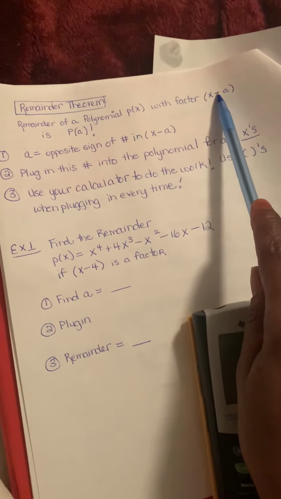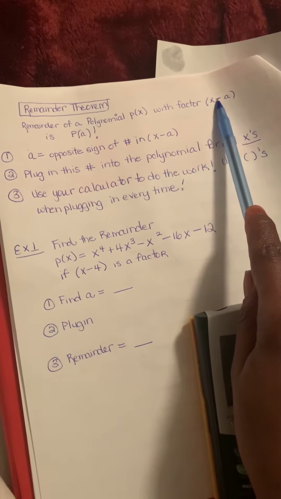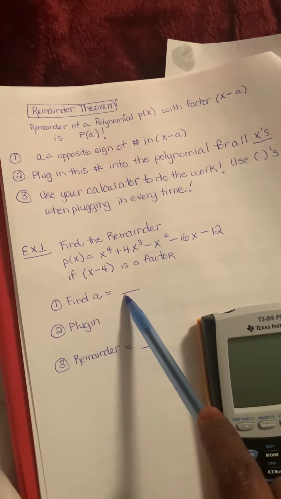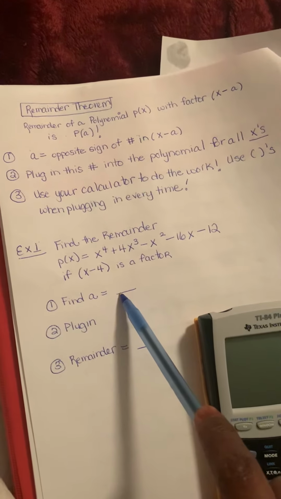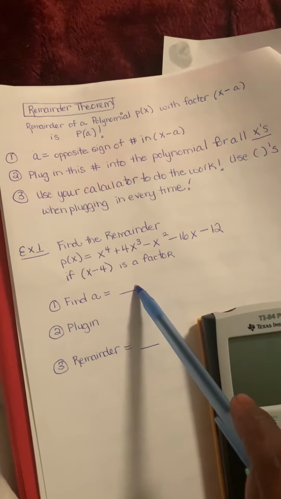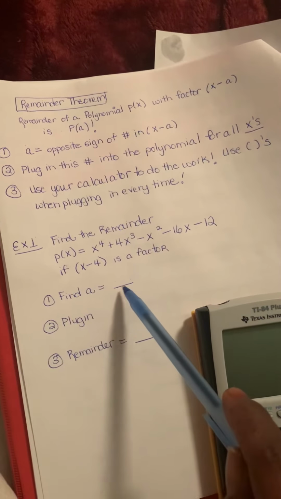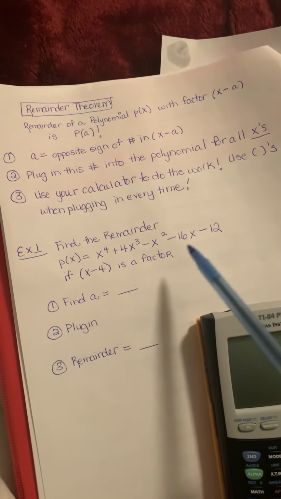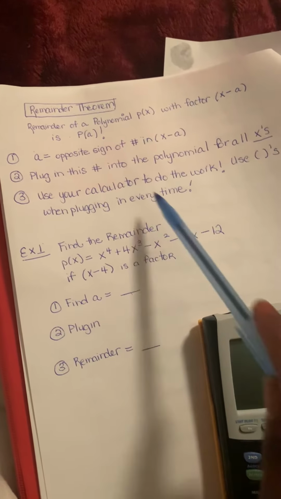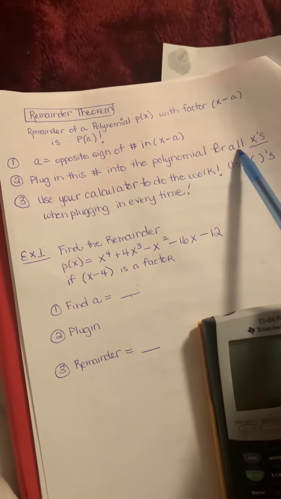So if there's a plus sign in your parentheses, when you write your answer for this line, you're going to write a negative sign. If it was positive here, it'll be negative here. If it's negative here, it'll be positive. Just change the sign.